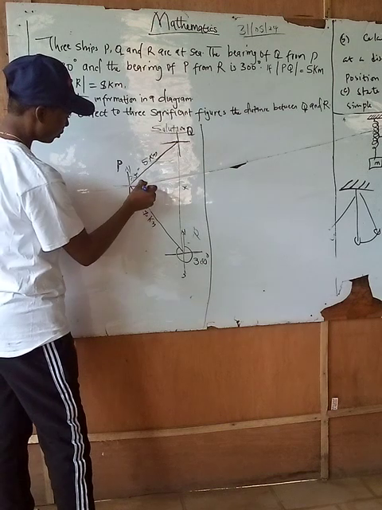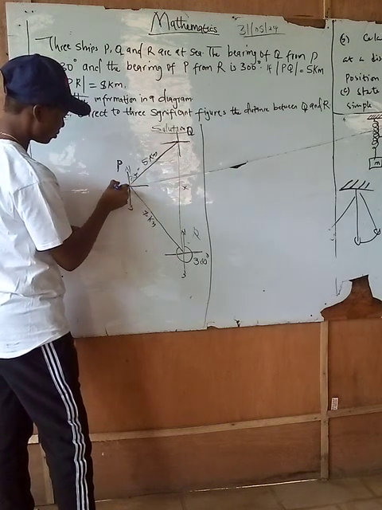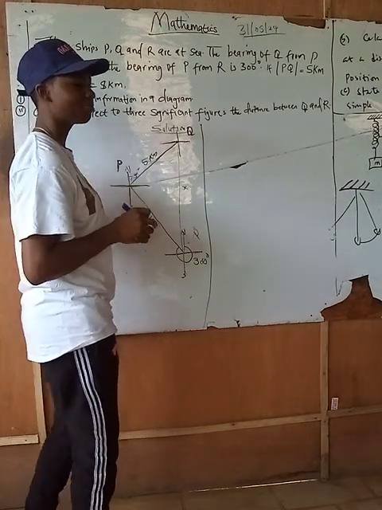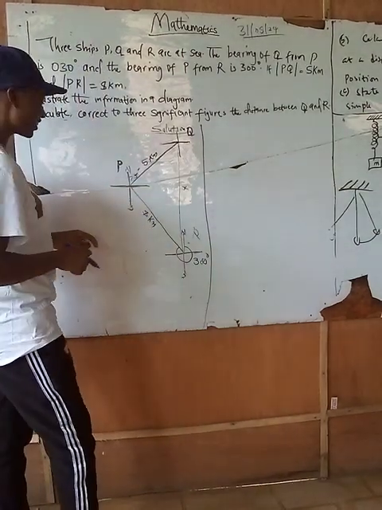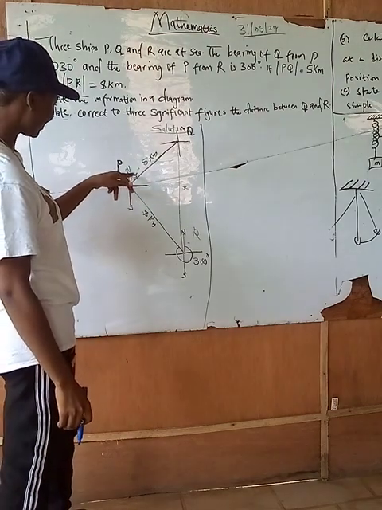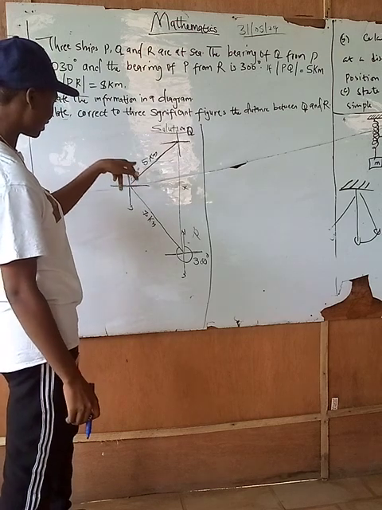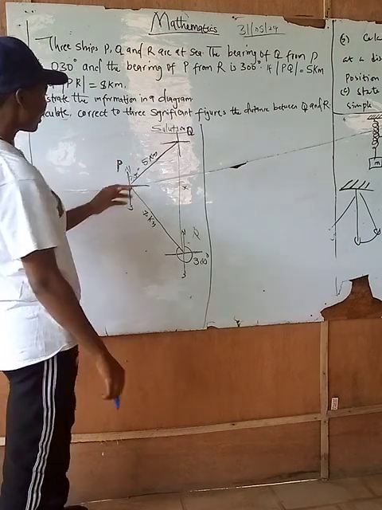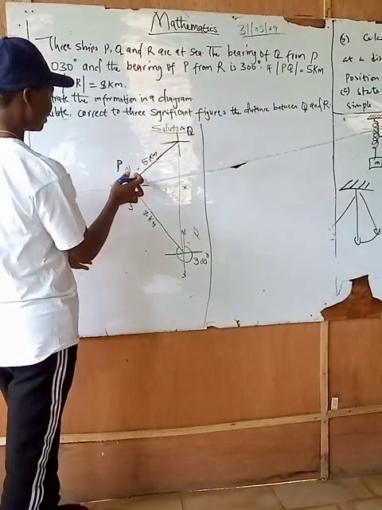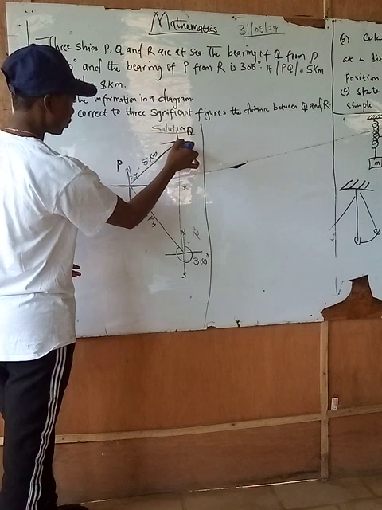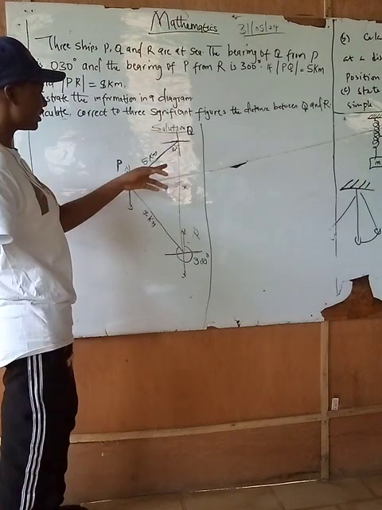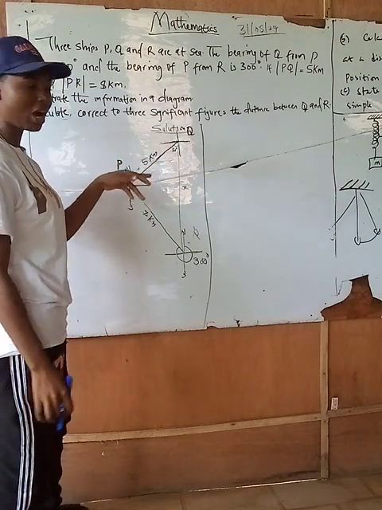Now let's try to do some things. If you look at this angle, this is 30 degrees, this can be 30 degrees. Now, in mathematics, we know that alternate angles are equal, right? Because this place is 30 degrees, this place is automatically 30 degrees because they are alternate angles, and alternate angles are equal.